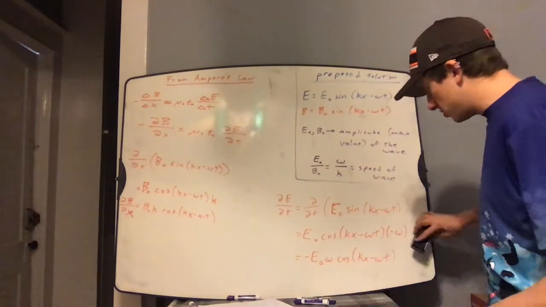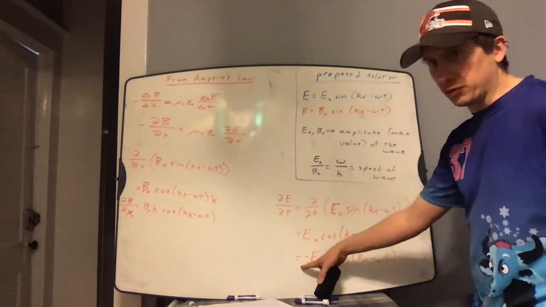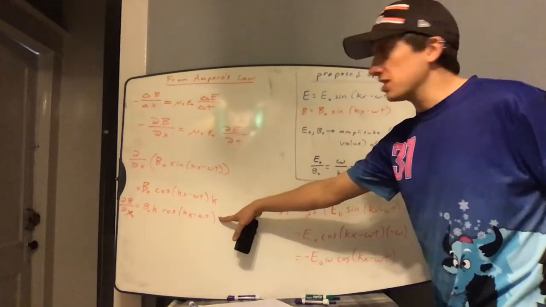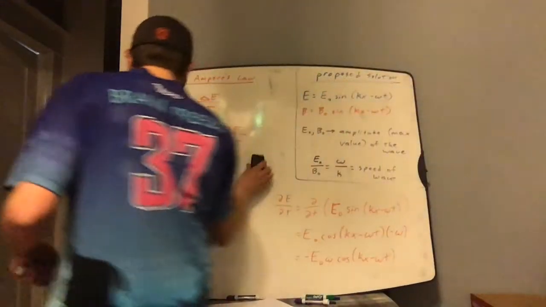So what I'm going to do is take this result for partial of E with respect to time, plug it in there, partial of B with respect to position, I'll plug it in up there, and we'll see what Ampere's law gives us.